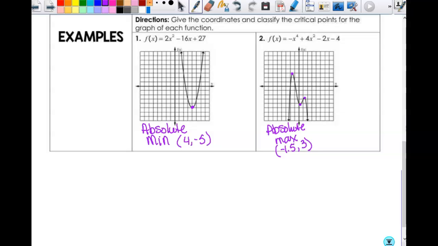Then that would be at 0.5 maybe. And then, yeah, -4.5.